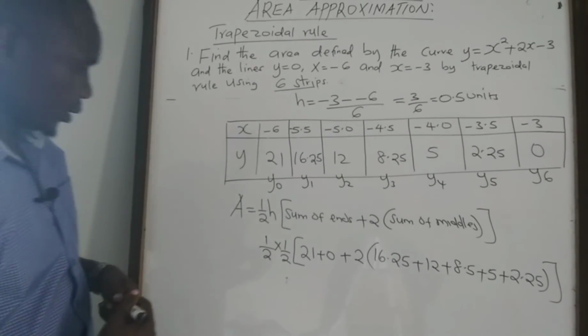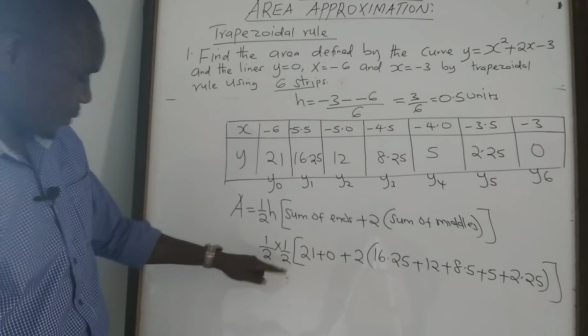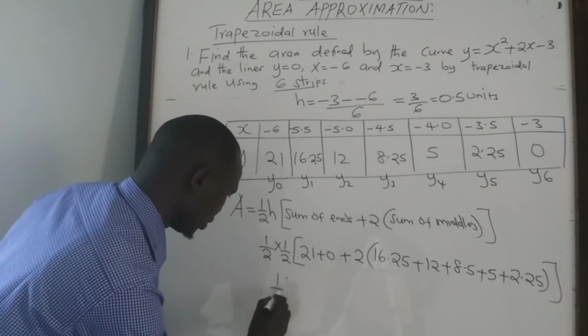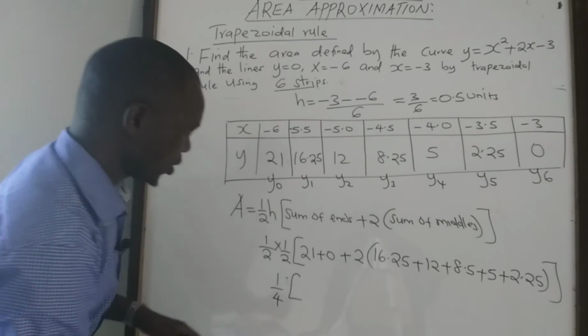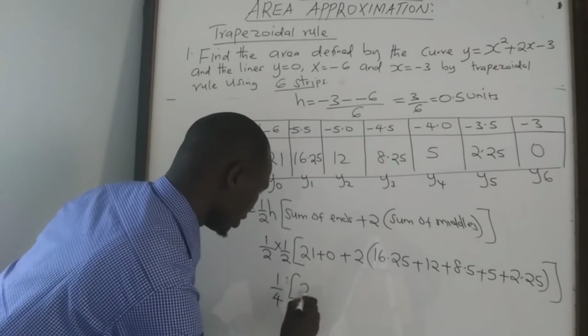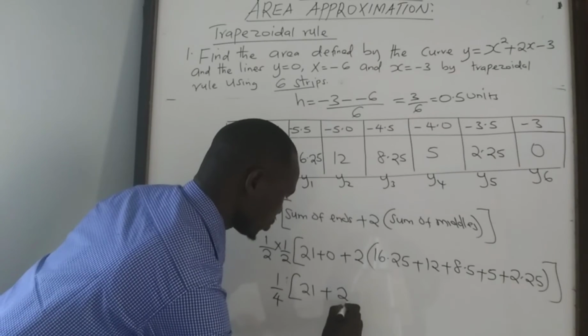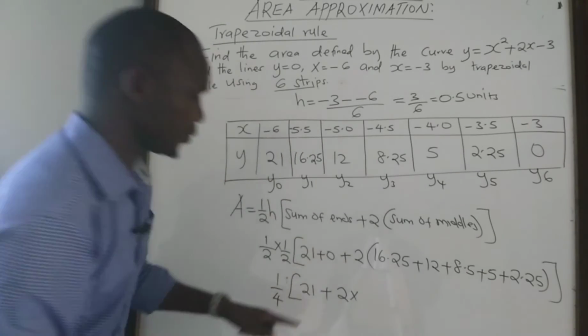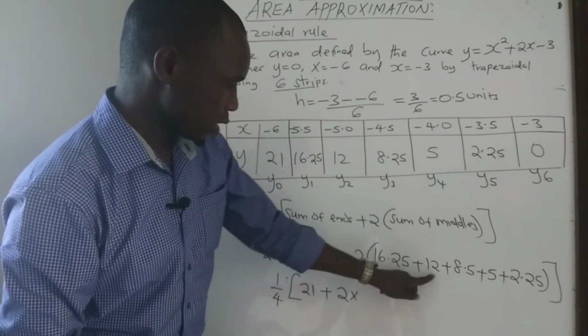From there we can work out, that is we have half times half will give us a quarter, into we have this is 21 plus 0, which is 21, plus we have 2 times we have to get the sum of this plus this plus this.